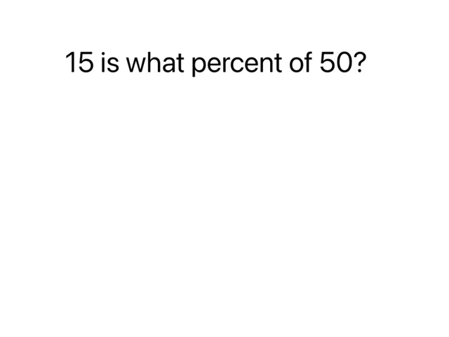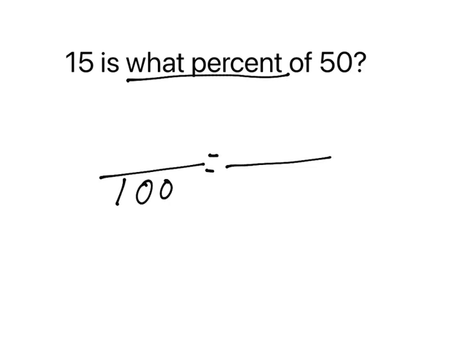The next kind of problem is like this. It says, hey, what percent? Again, I see percent, so I can start with out of 100 right away. The problem is they don't give me the percent, they're asking me for it, so I'm going to put an X on top. I'm going to look at that word of again, and I'm going to say of 50, so I know that's my total. And I know 15 is going to be the part, so I'm going to put that on the top.